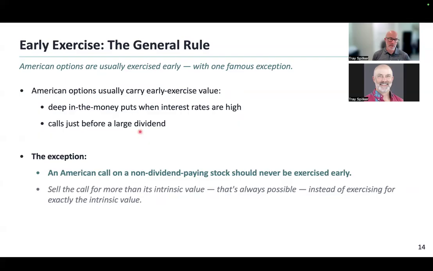I've mentioned this exception already. That is, an American call option on a non-dividend paying stock should never be exercised early because we can sell the call for more than its intrinsic value, instead of exercising it for exactly the intrinsic value.